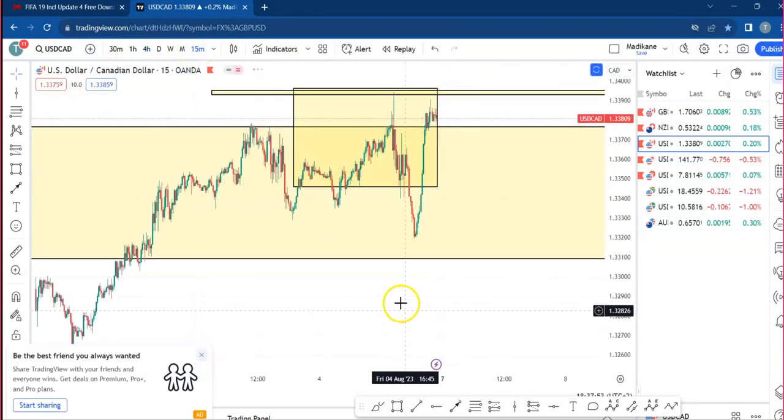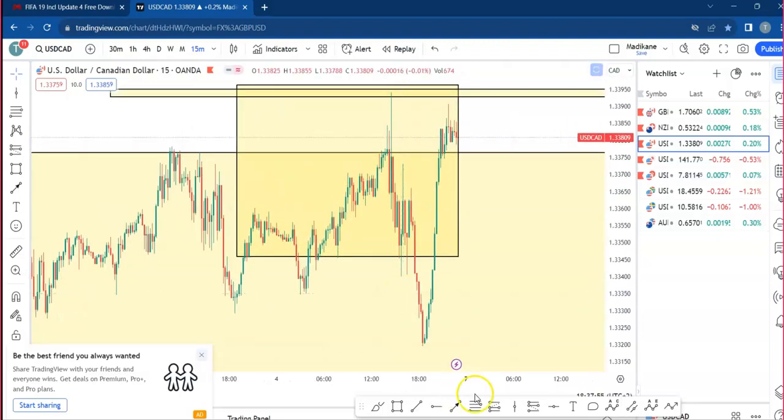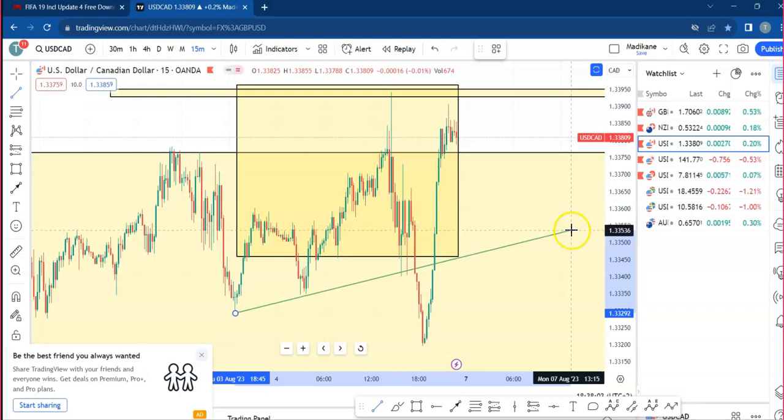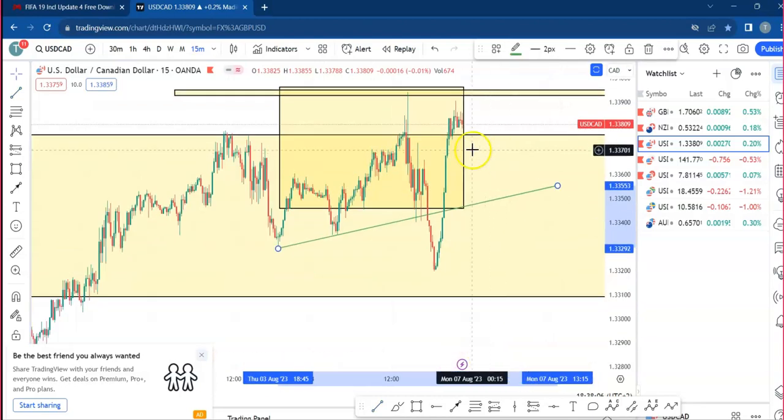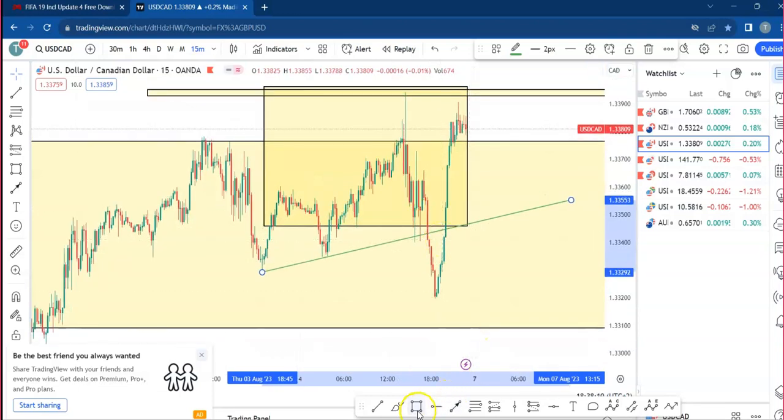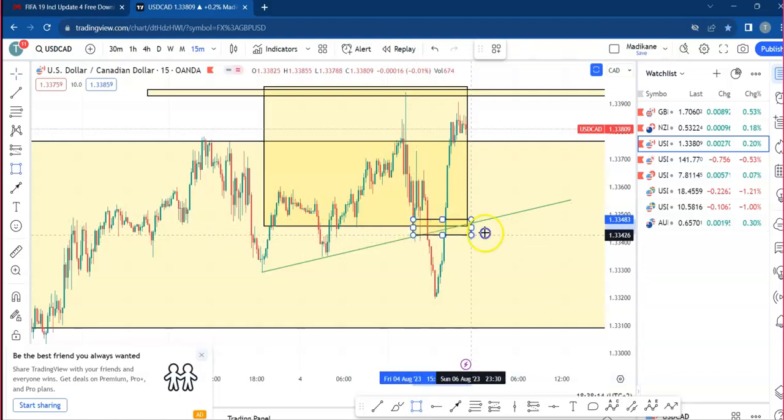So look at what this gave you, right? You can see at some point it gave you a break below this zone, right? So one would have waited for a retest that would be happening here.